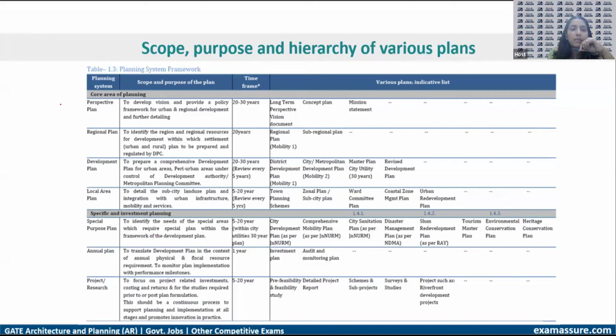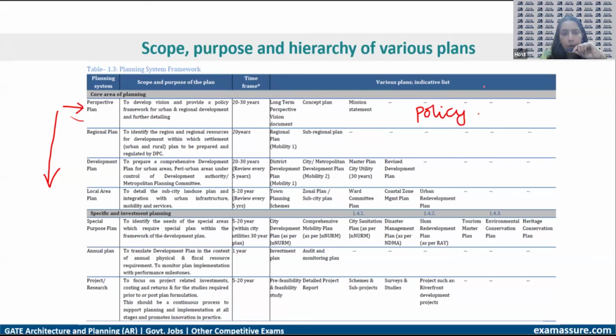If you see perspective plans, these are at a much larger scale. As you go down from perspective plan towards local area plan, the scale size decreases and the level of detailing increases. So perspective plans are more at your policy level, which apply to the entire state in some cases, or maybe two states together.